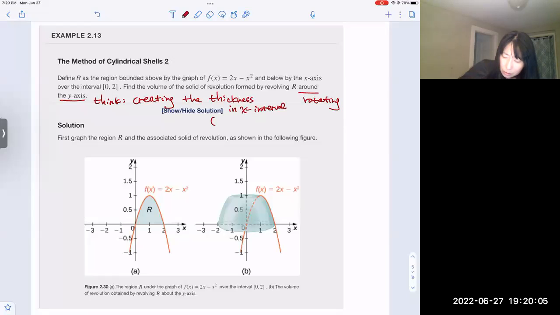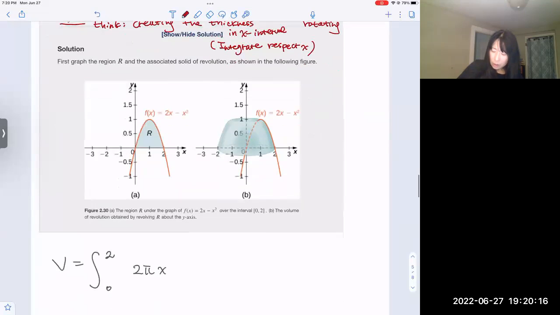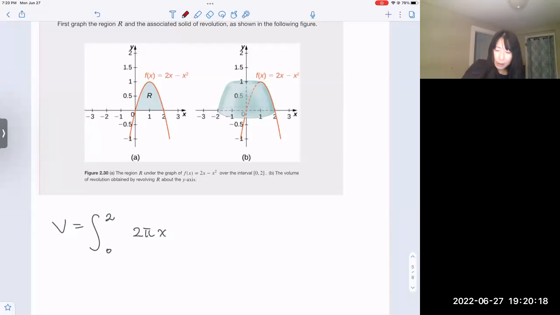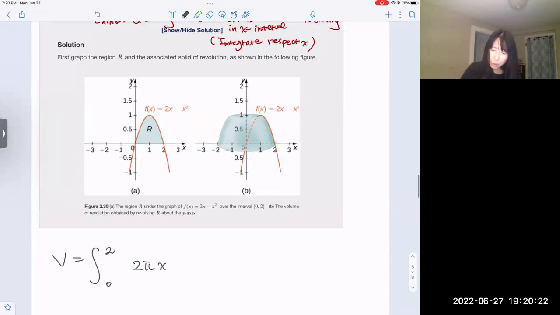That means integrate with respect to x, so everything we make x. All right, so 2 pi x and the height, which is the function, 2x minus x squared, then the thickness, which is dx, right?